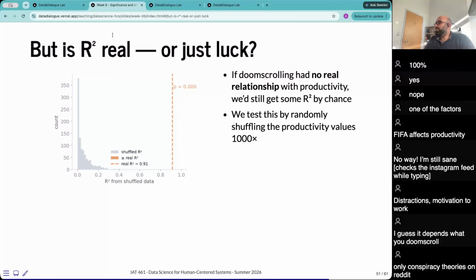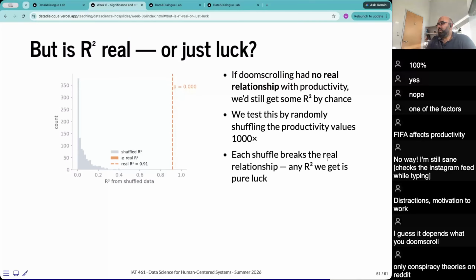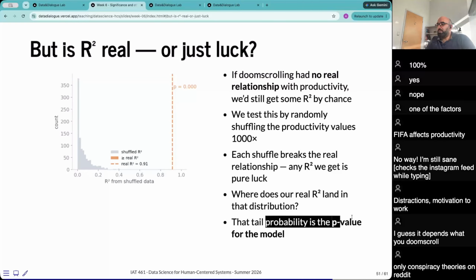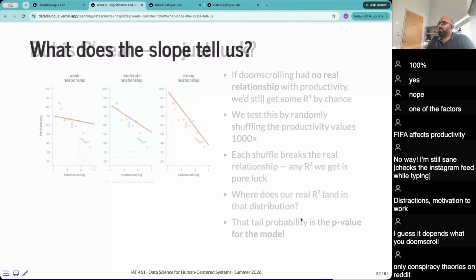That's the idea. And then you say, okay, the p-value for my R squared is less than 5%. It's unlikely that I see this R squared with this data due to chance. Okay? The tail probability is the p-value for the model.